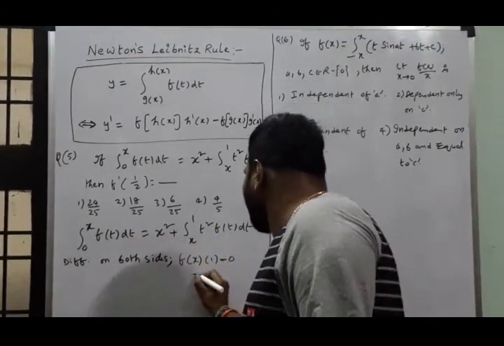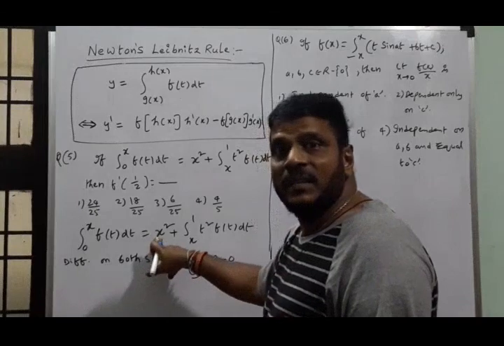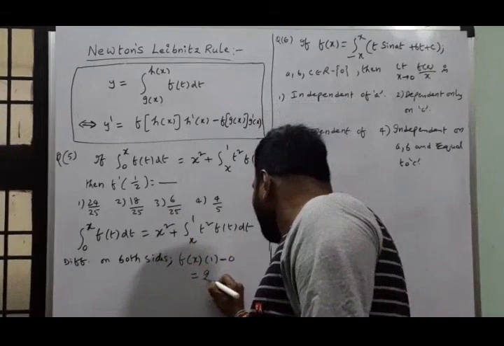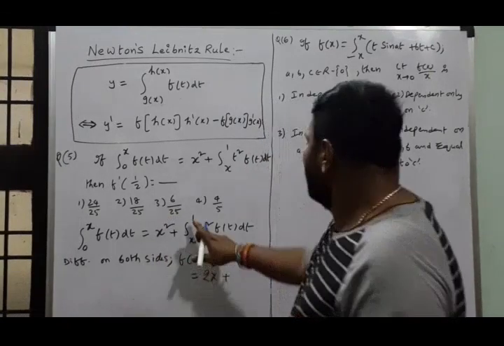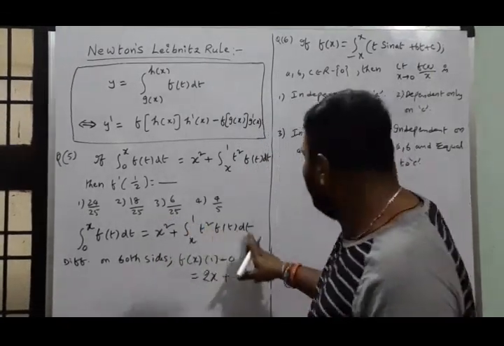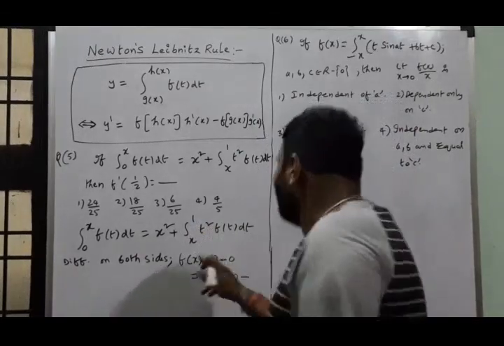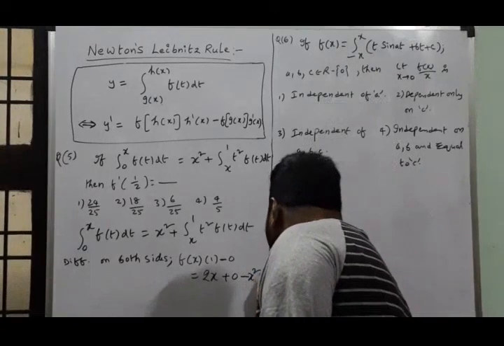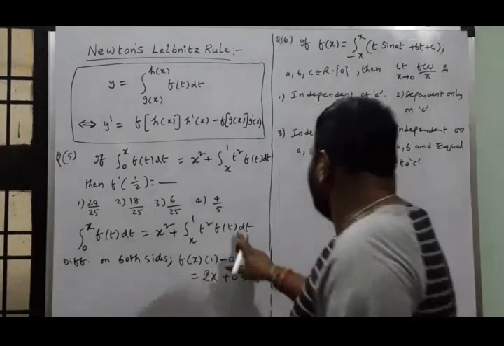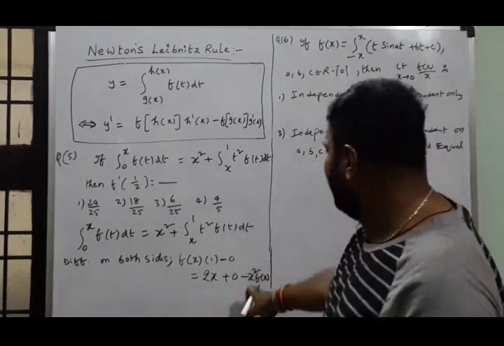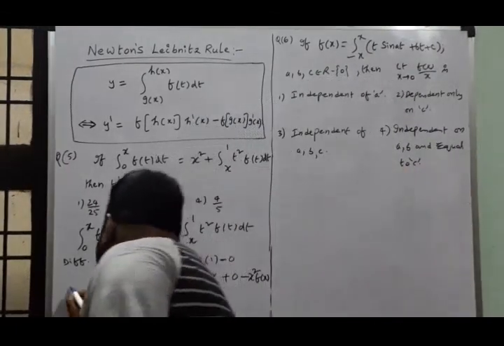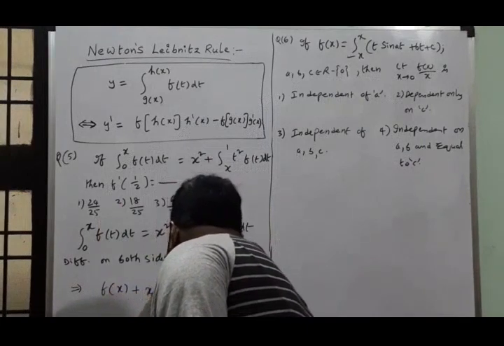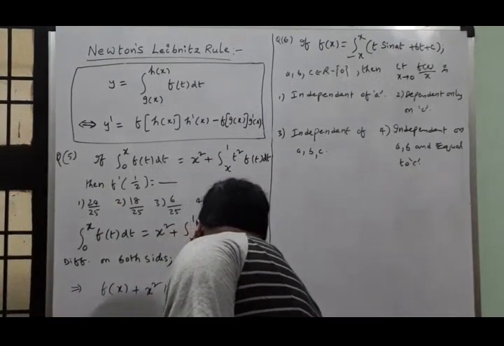This is equal to, on the right hand side, x square derivative 2x plus the upper limit and upper limit derivative 0 minus the lower limit, x square into f of x into x derivative, which is 1. Now this implies f of x plus x square into f of x is equal to 2x.